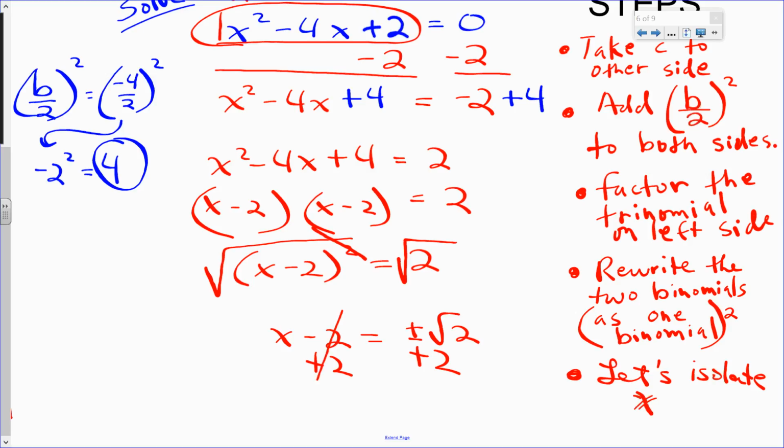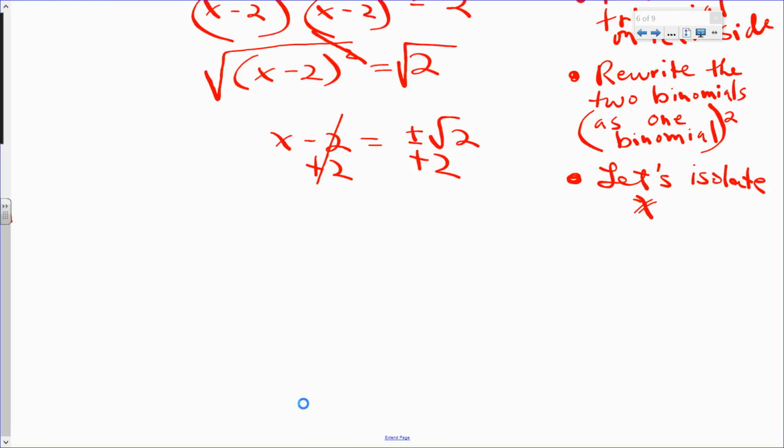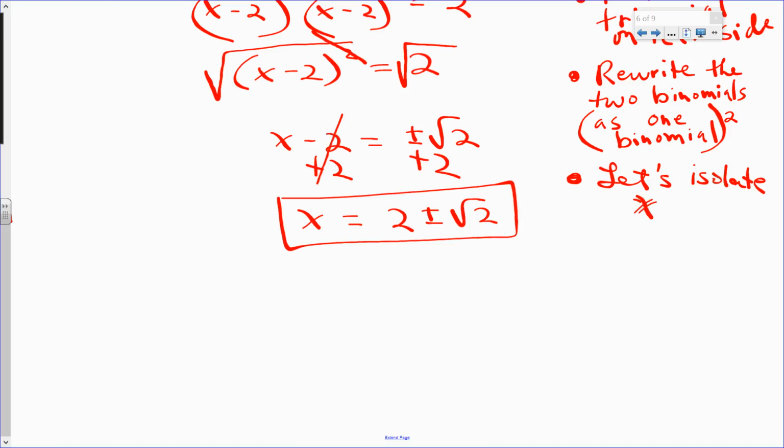And on the right side, I have x equaling now 2 plus and minus the square root of 2. There's my solutions. These would be my exact solutions because I didn't punch in square root of 2 in the calculator. So these are my exact solutions.